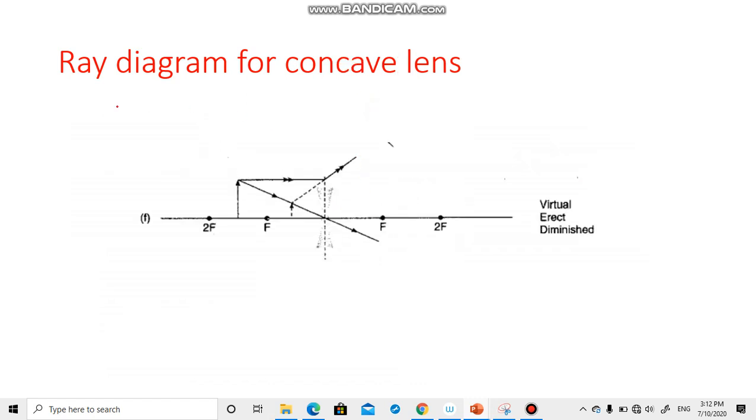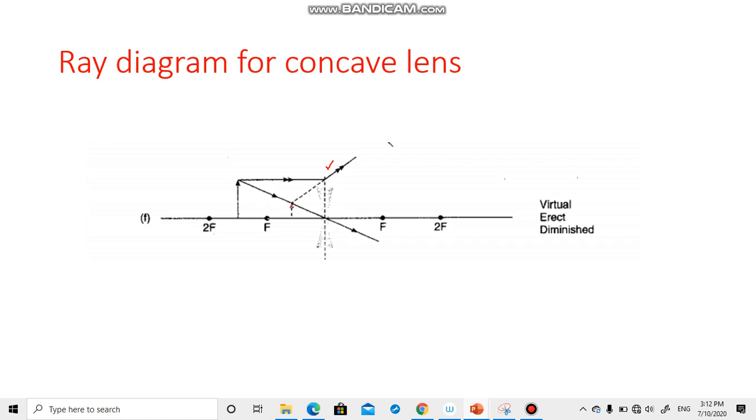When it comes to the concave lens, we take only one case, between center and focus. When you put the object here, the ray which goes parallel to the principal axis diverges, so it goes in this direction, and the ray which is going to the pole goes straight. For the formation of an image we need at least two rays, so we need to extend this ray back, and when it is extended back, it meets over here.